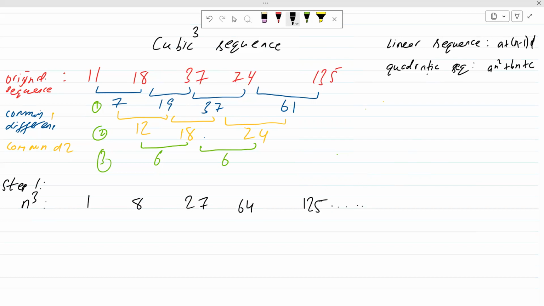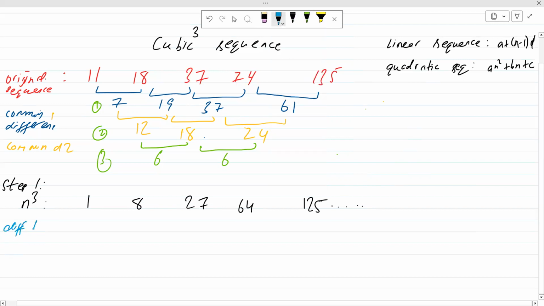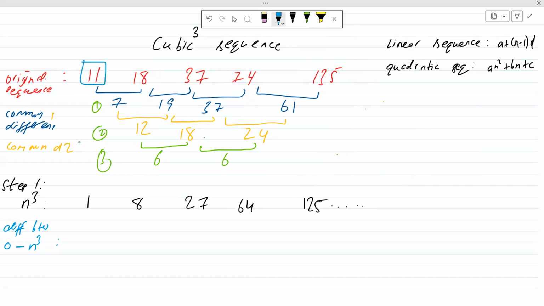Then what we did before in the quadratic sequence, same thing we will do now. We will find the difference between original and n cube. 11 minus 1, what is that? 10. 18 minus 8, again 10. 37 minus 27, again 10.